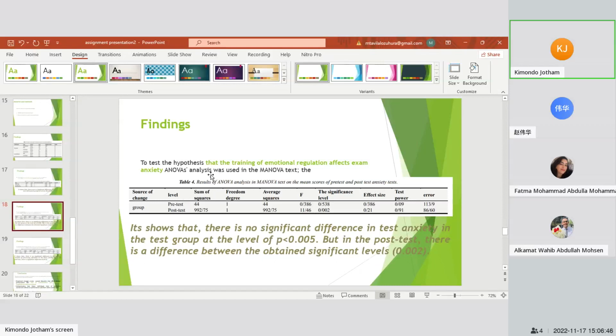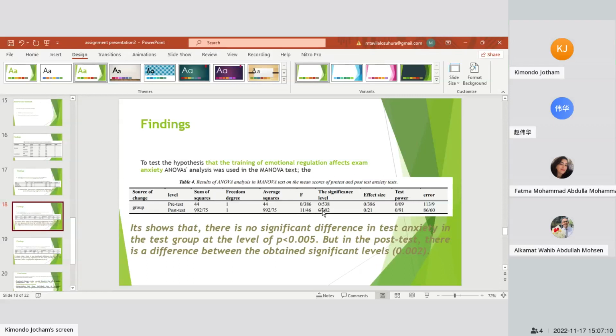Also, to test the hypothesis that the training of emotional regulation affects exam anxiety, ANOVA analysis was used in the MANOVA test. And in this table, where is the P level?